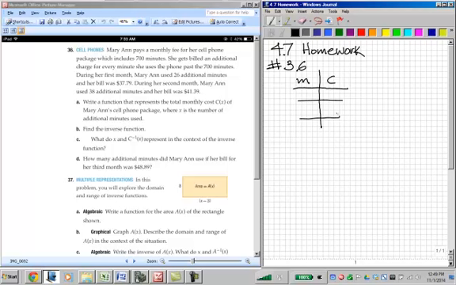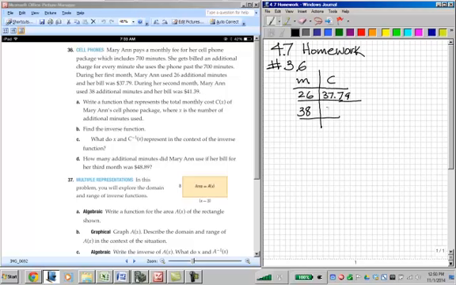So the first ordered pair we have is 26 minutes, which is the explanatory variable. It's the input, the independent variable. And the dependent variable is how much she gets charged. And obviously how much you're going to get charged is dependent on how many minutes you're on the phone. Okay?